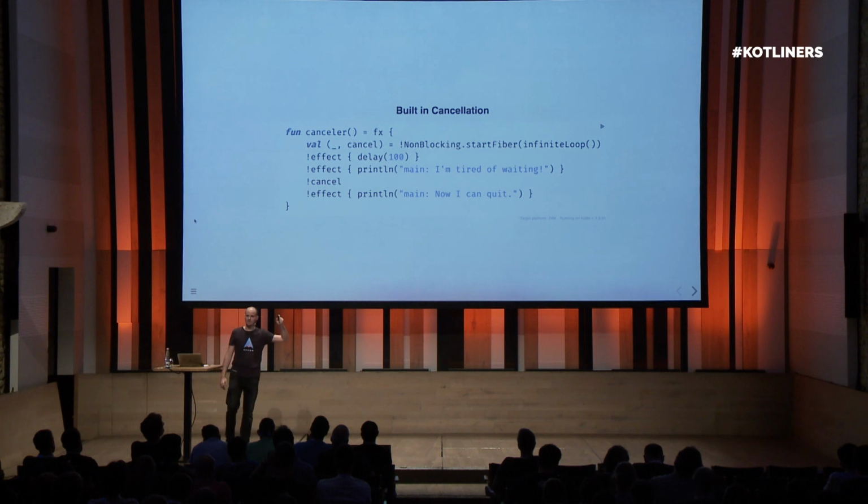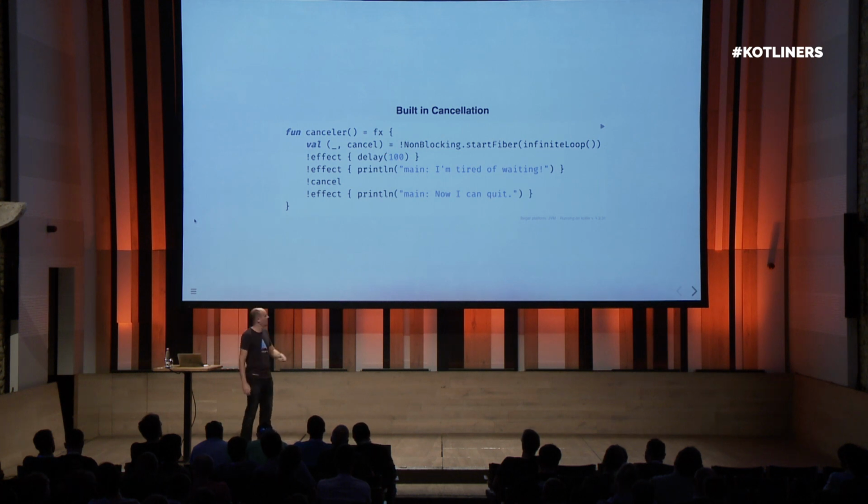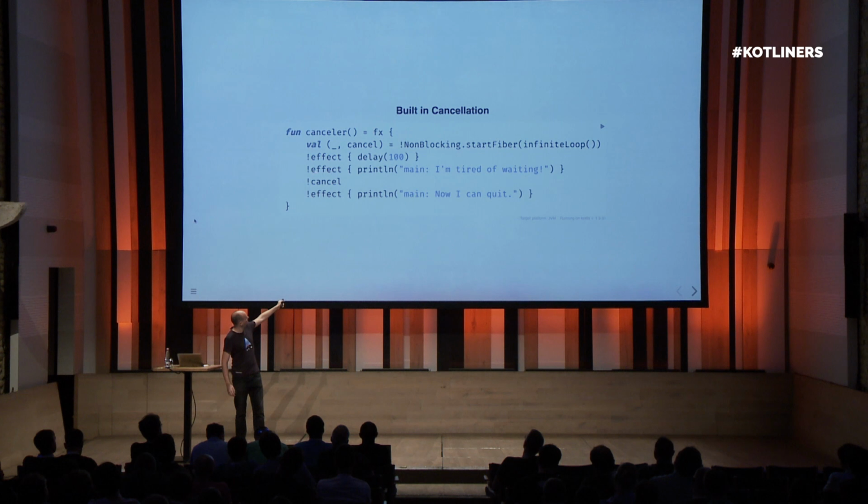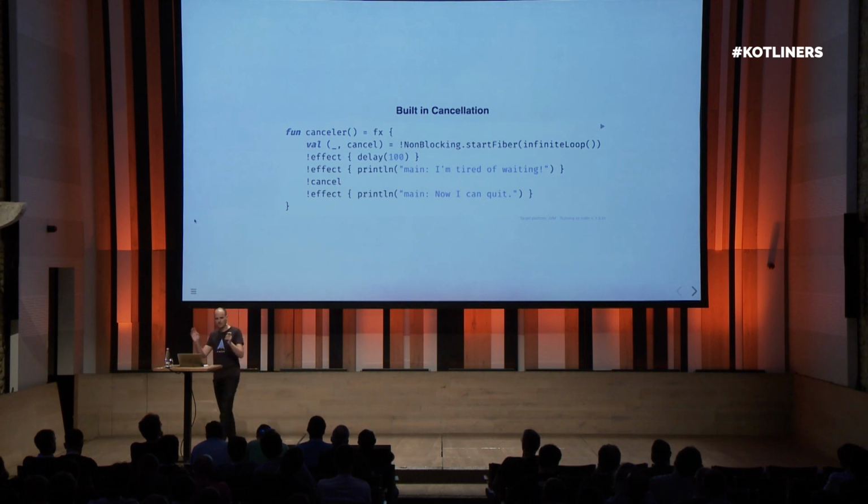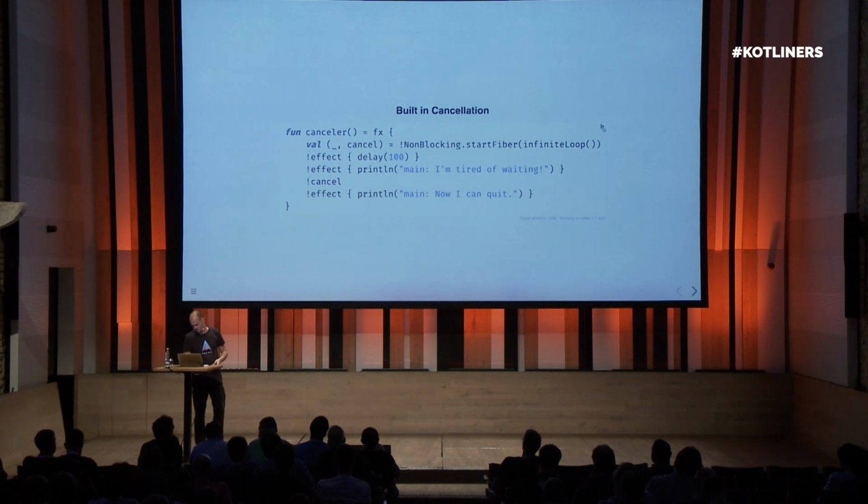First iteration, second iteration, third iteration, right? Then whenever that's running, we wait for 100 milliseconds, and then we print this. I'm tired of waiting. I got my cancel token that the start fiber returned, and bind it. You just need to actually run the cancel token, and then the computation actually gets canceled, okay?